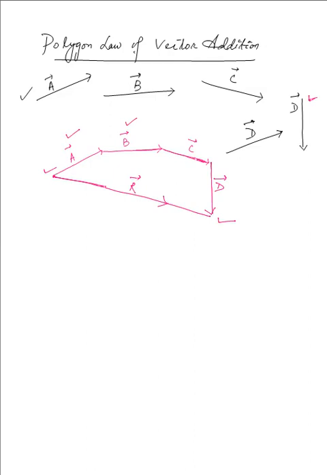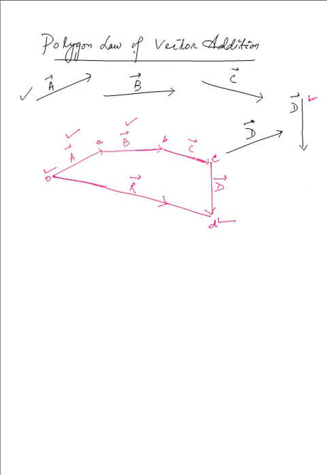Let us say this is O, small a is the point where it is terminating, small b is the point of termination of the B vector, small c is the terminating point of the third vector, that is the C vector, while this d is the terminal point of the D vector. So OD that we have over here is representing the resultant R vector.